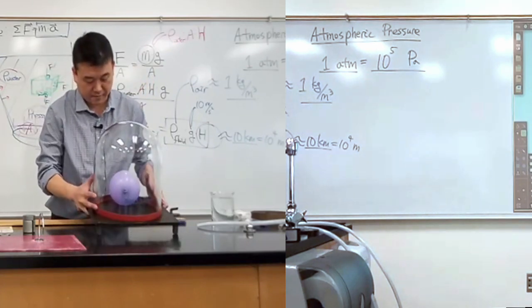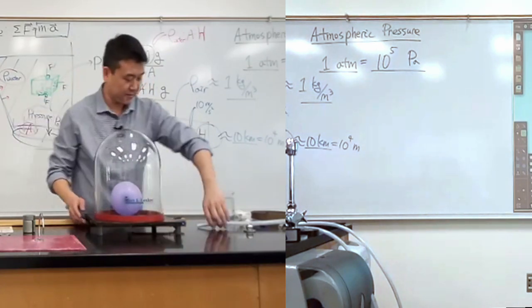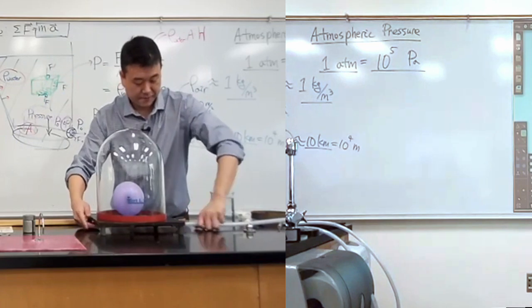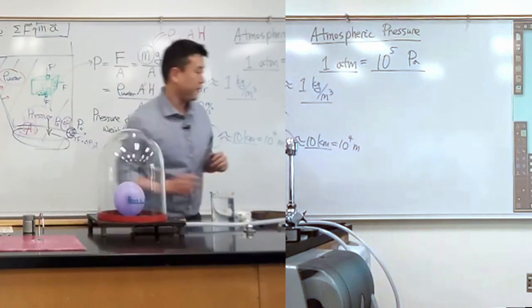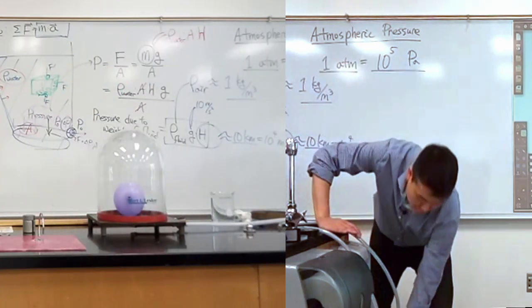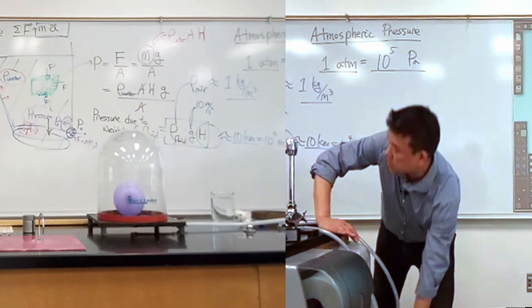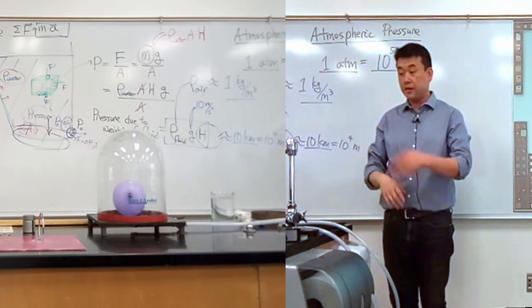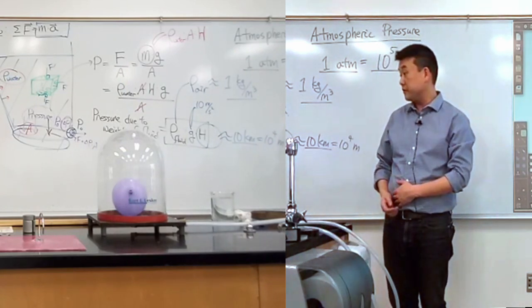All right, let's try this again. So vacuum it out. And this is actually a pretty good vacuum pump. It can go to a very small fraction of atmospheric pressure, like 100th of atmospheric pressure.